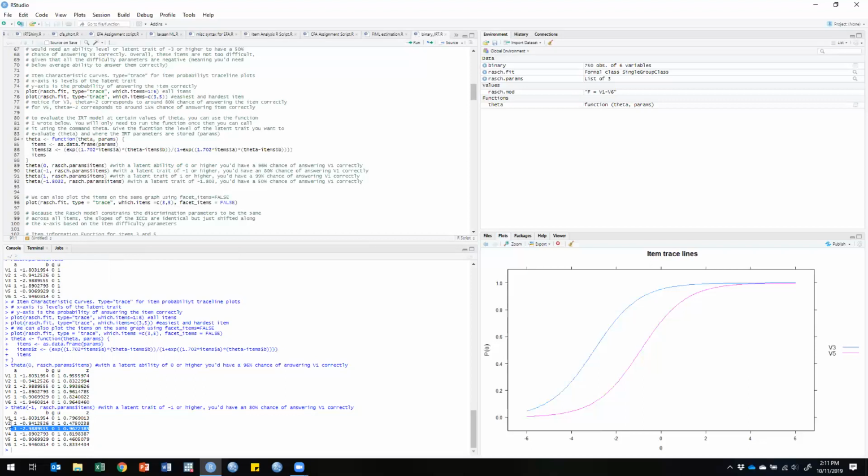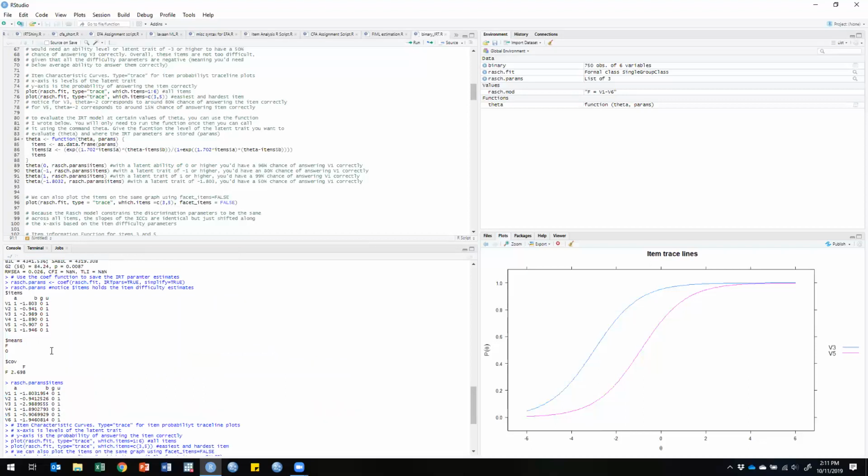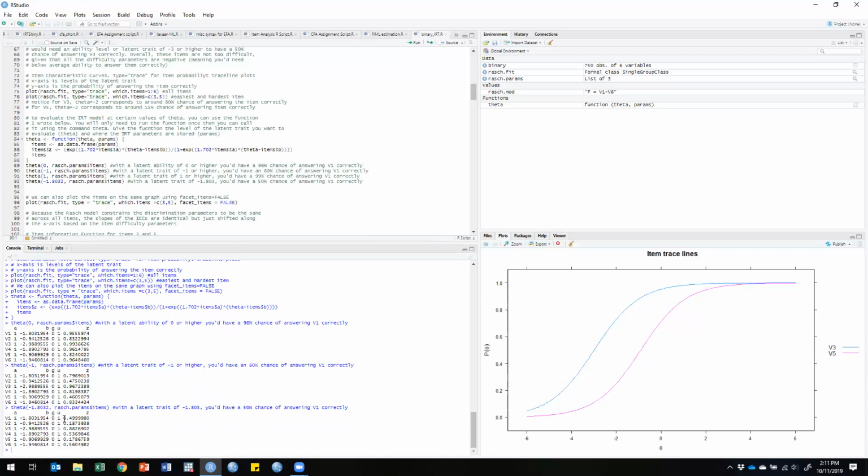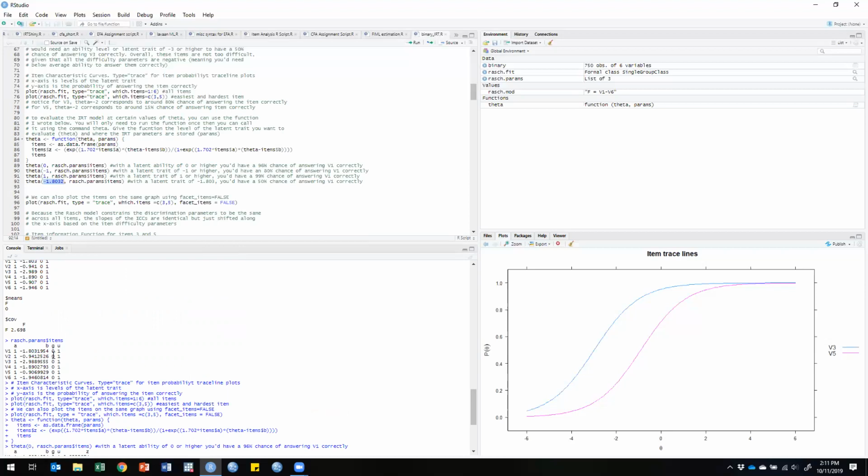So that's how you interpret these difficulty parameters. And remember, question 1, the difficulty level was 1.803. Here, I ran it so you can see that if you're at that ability level, you have a 50% chance of getting that item correct.